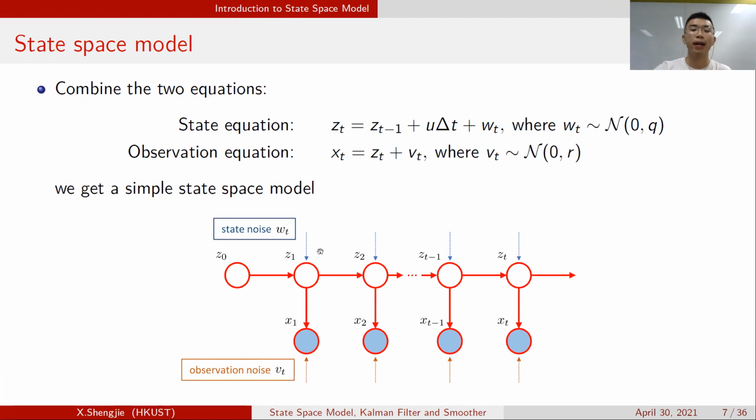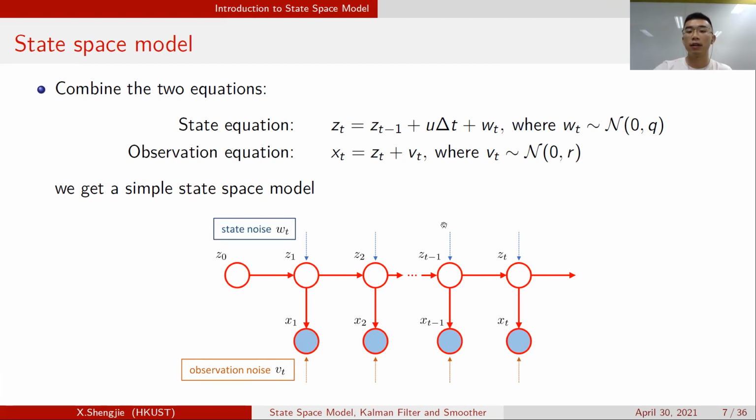Each node depends only on its previous node, but not on the nodes before that. So it in fact follows a Markov property. And each observation only depends on its relevant hidden state.